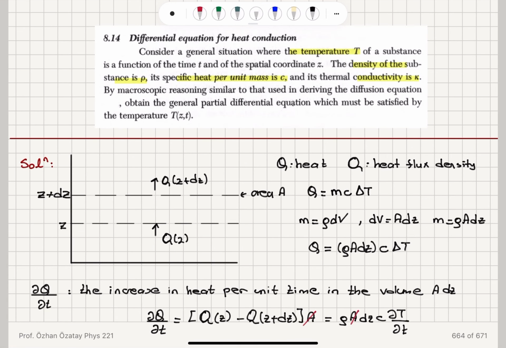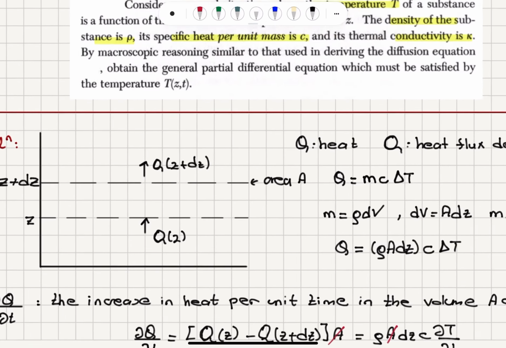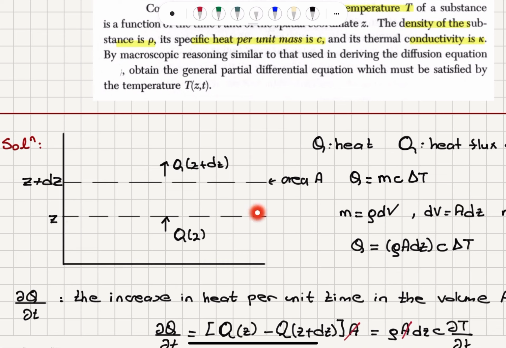Okay, so we're looking at a general situation where the temperature is time dependent across a substance, so that we want to reach the most general form of the differential equation for heat conduction, knowing the temperature, density, specific heat per unit mass, and thermal conductivity. Heat is entering this region at z and leaving at z plus dz.